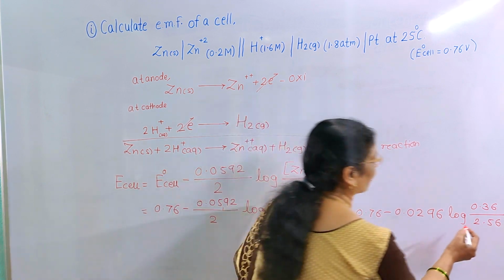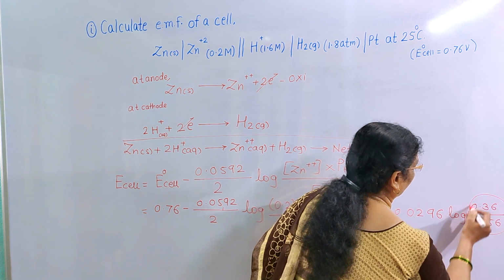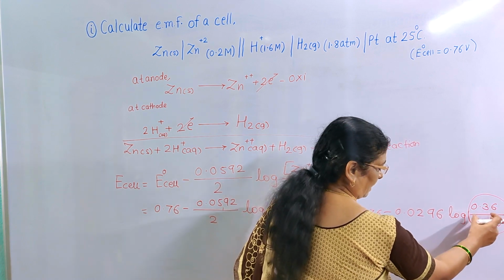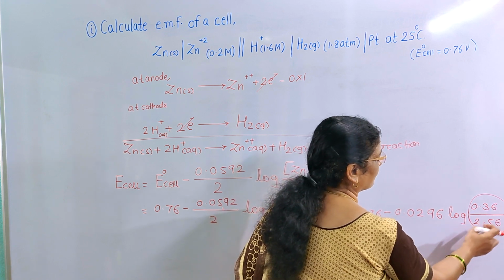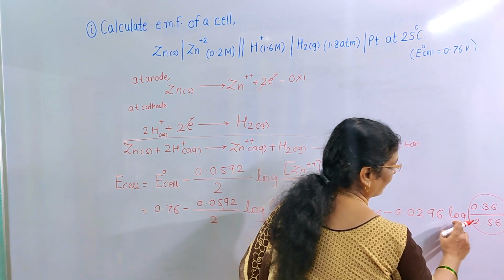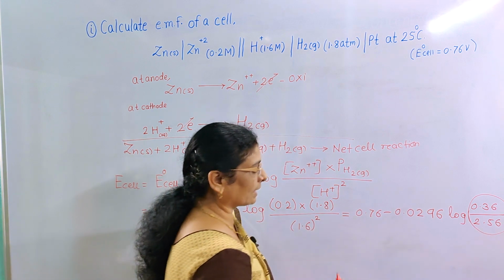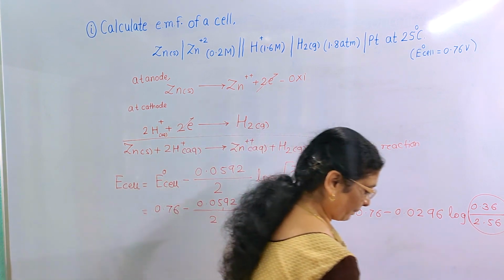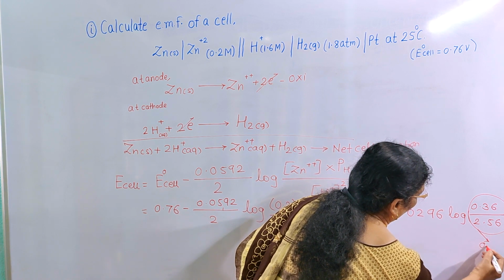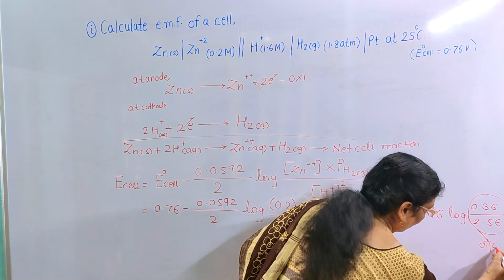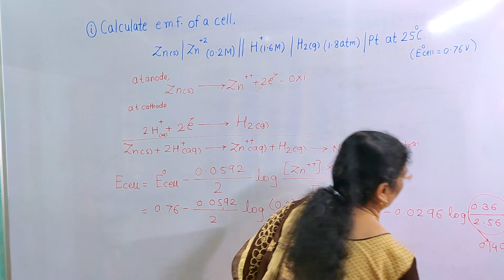Now here remember, this value we have to calculate first, and then we have to take the log of this value. That means 0.36 divided by 2.56 we have to calculate separately. If you calculate this value using the log table, the value will be 0.1406.